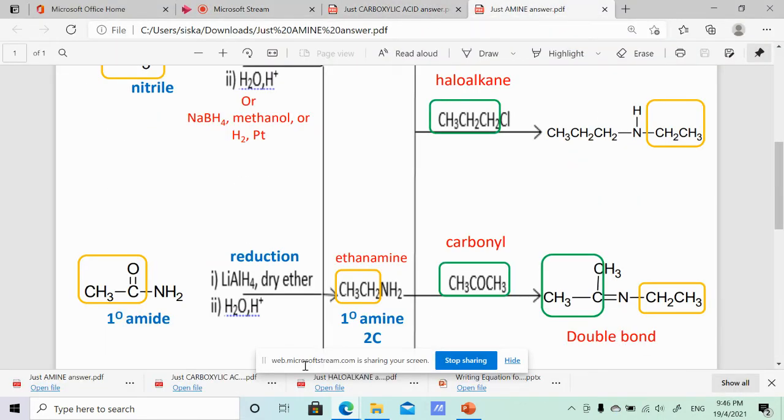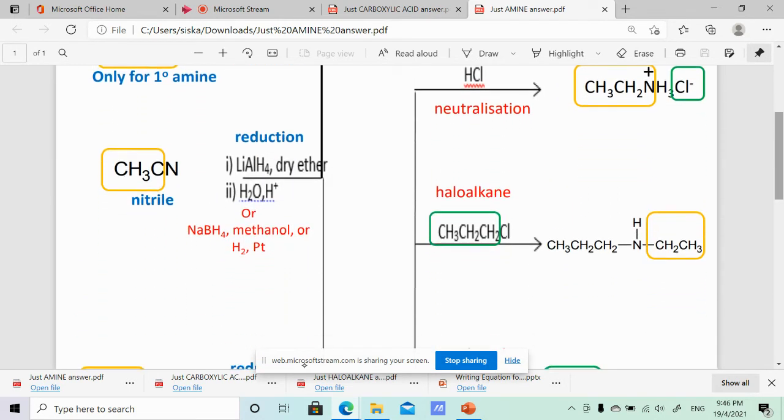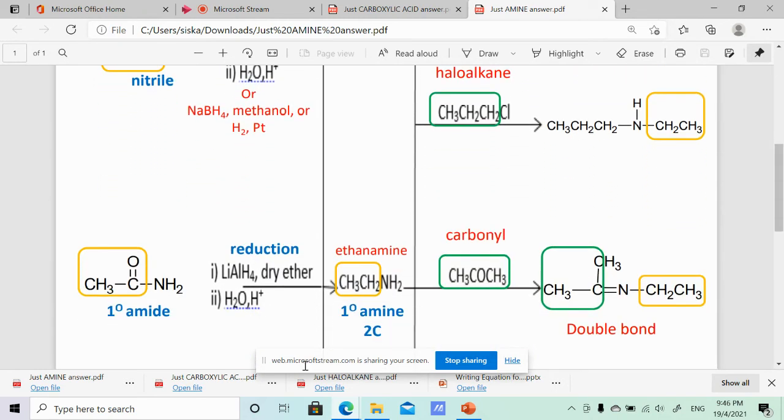Maybe you can remember from amine, nitrile can undergo reduction and become amine.